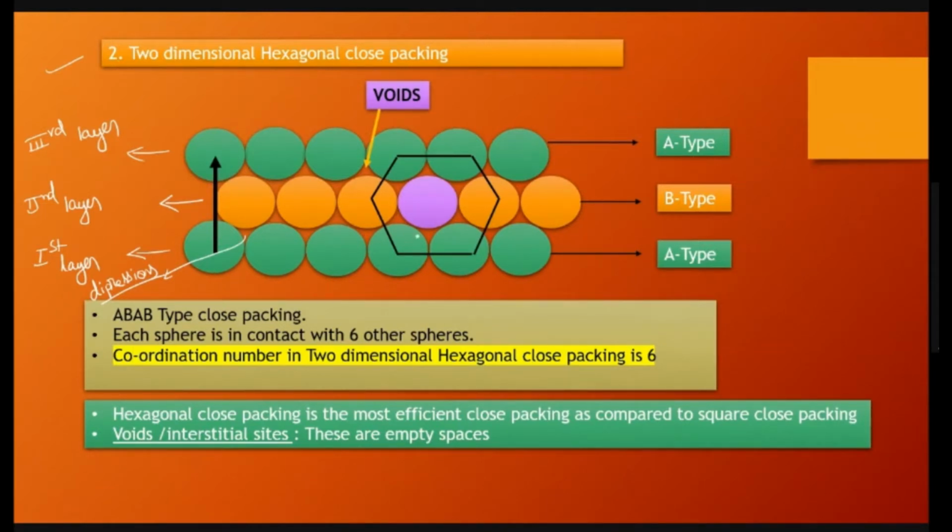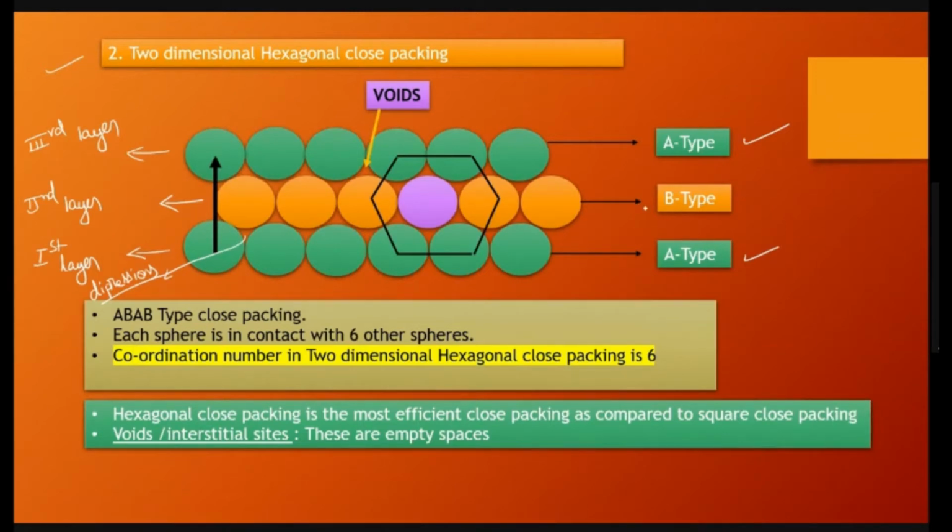Here I can see the first layer and the third layer are identical, because horizontally and vertically they are aligned with each other and they are identical spheres. So I call the first layer an A type of layer and the third layer also an A type of layer.